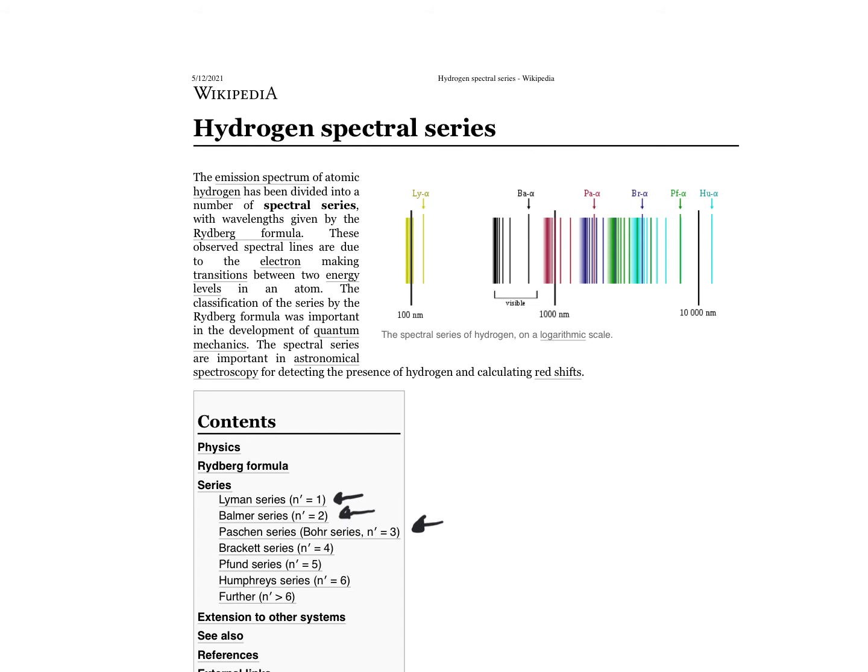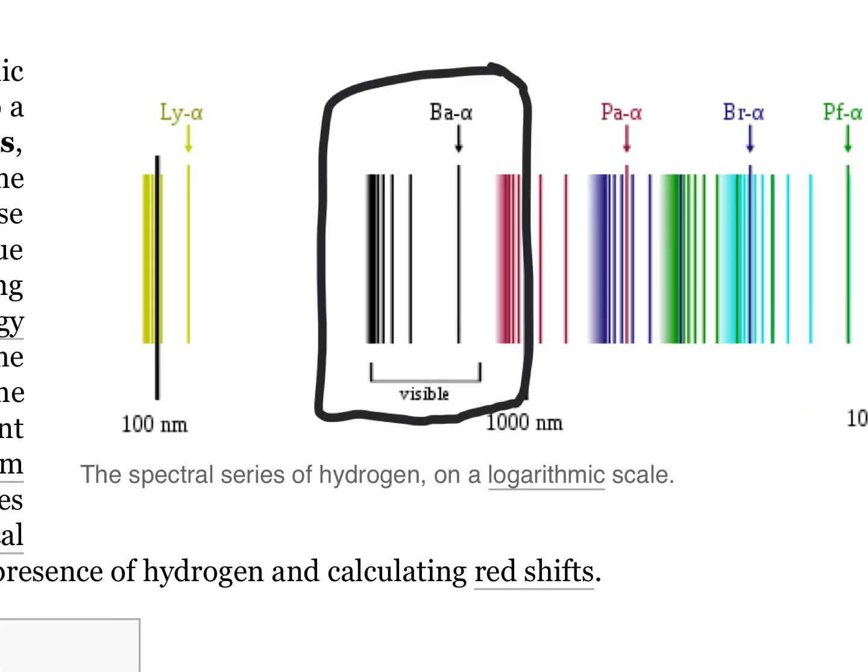We're going to focus on the Balmer series. The reason why we're focusing on the Balmer series is that it's the only part of the hydrogen spectrum that we can see, as you can see highlighted here, the visible spectrum. We've got some much smaller wavelengths here, so that would be like ultraviolet light.